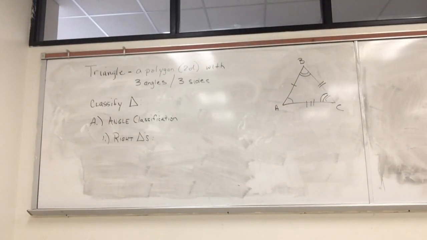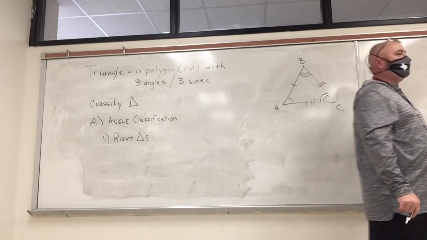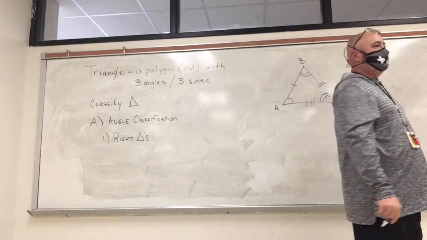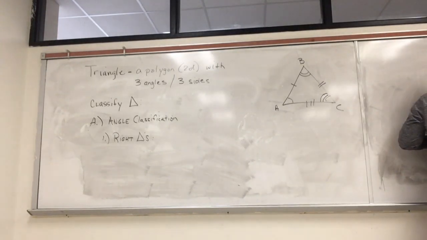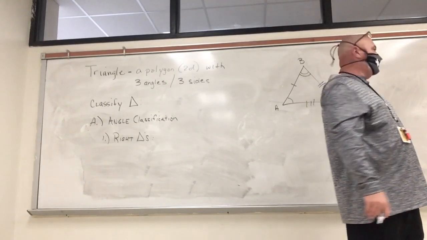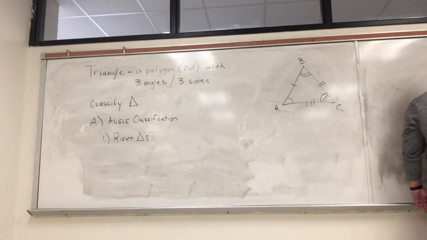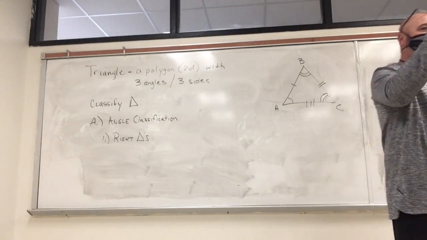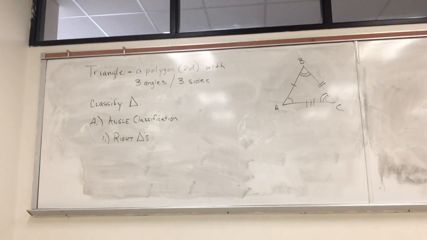You need to be smart here. How many right angles make up a right triangle? Think about it for a minute. If I have a right angle, I don't have 3 sides there yet, do I? But if I draw another right angle, how many sides am I going to have? I'm going to have 4 sides. So think about this. How many angles would you have that would be 90 degrees in a triangle?